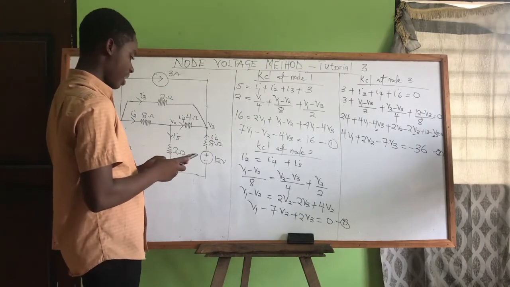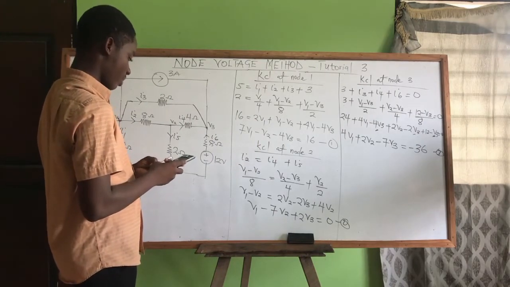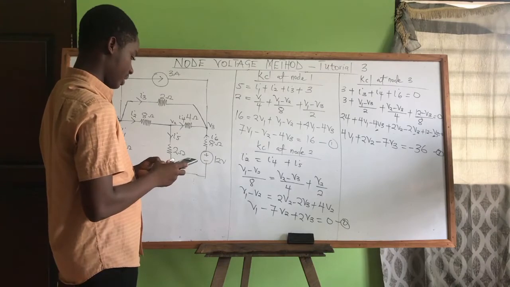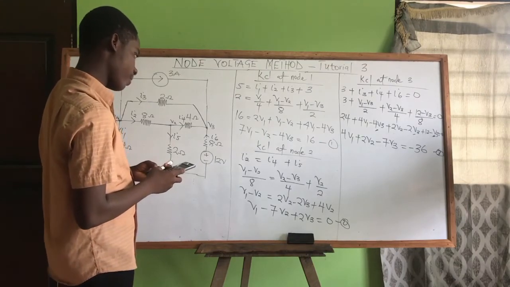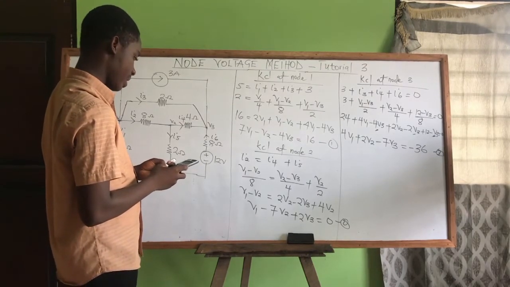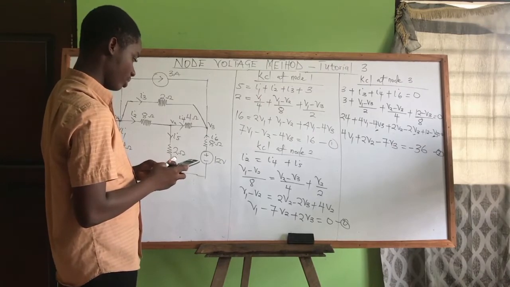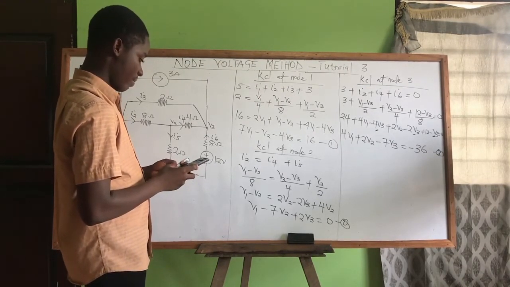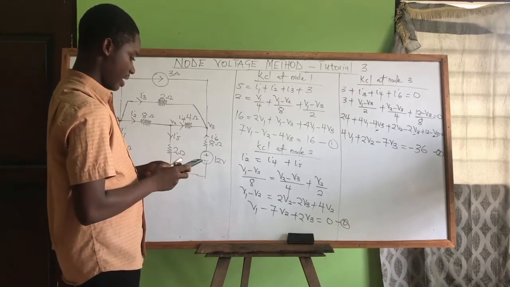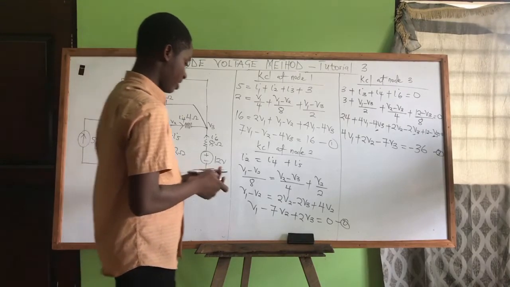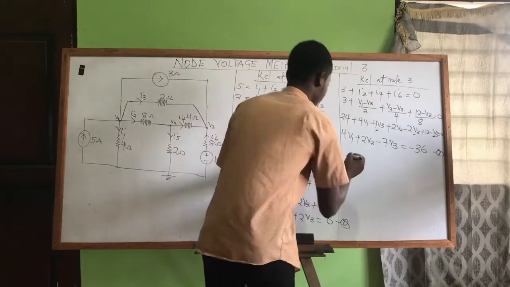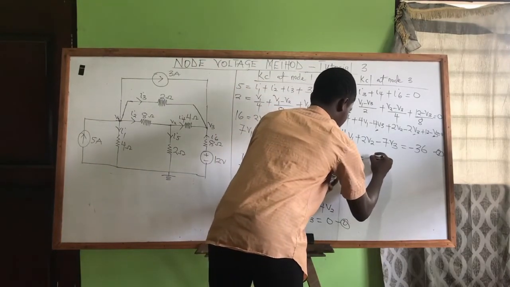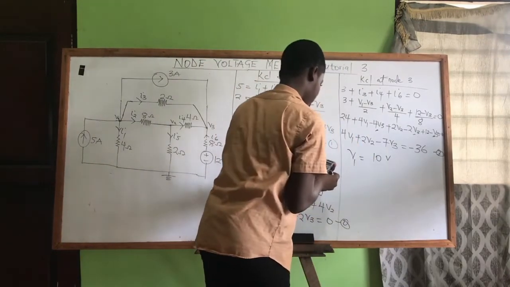From equation 1 I have 7, minus 1, minus 4, 16. Equation 2 I have 1, minus 7, 2, 0. Equation 3 I have 4, 2, minus 7 and minus 36. So after solving, your V1 is 10 volts.